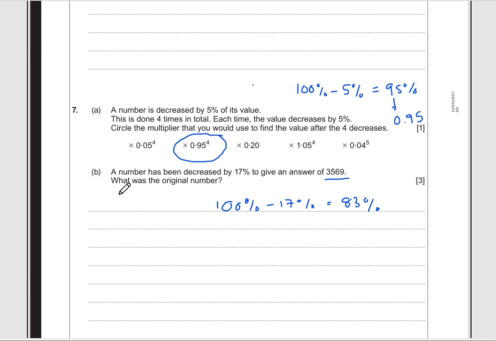Okay, so these type of questions are called reverse percentages. So we're going to work in reverse of our usual process. So we know our key information is that 83% of this number is equal to 3,569. Okay, so we're going to scale this down to 1% and then up to 100%.